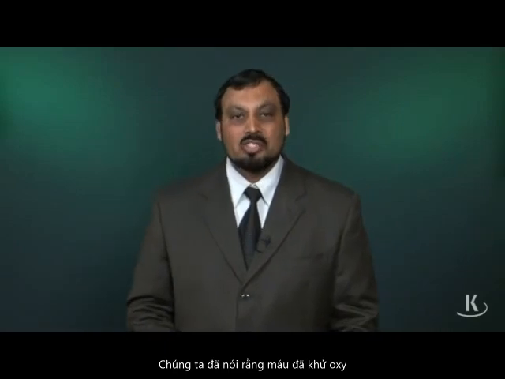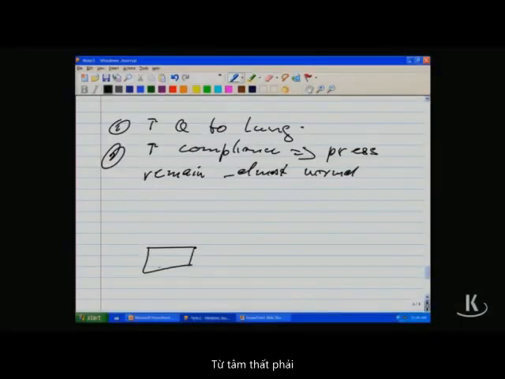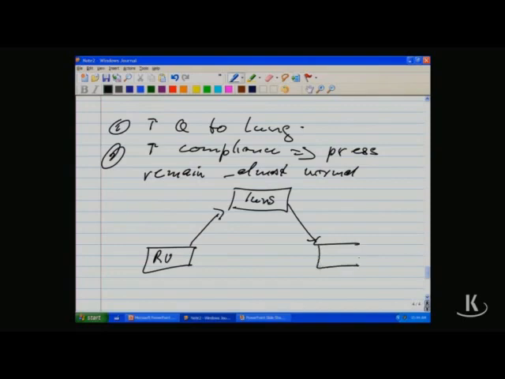By the way, as a side point, have you ever asked yourself, we said that deoxygenated blood goes from the right ventricle, blood flows to the lung, and then from the lung, blood flows back to the left atrium.